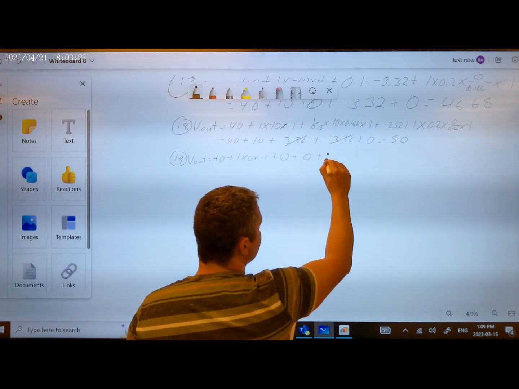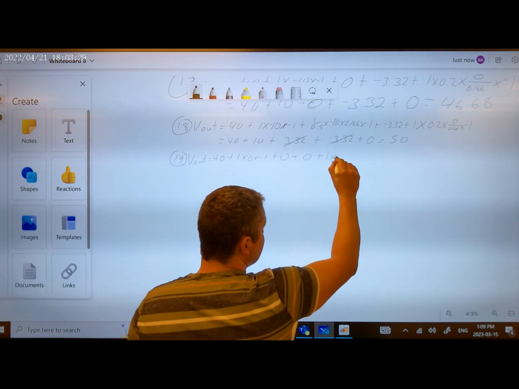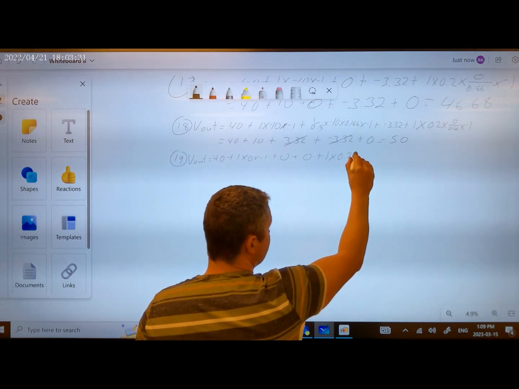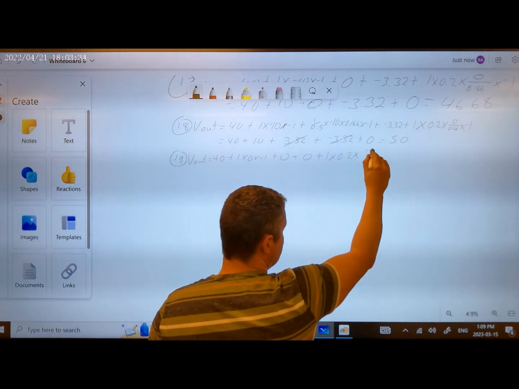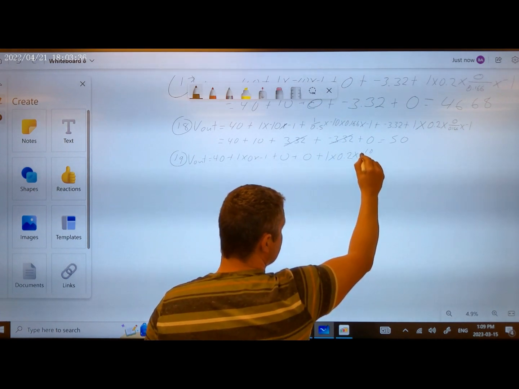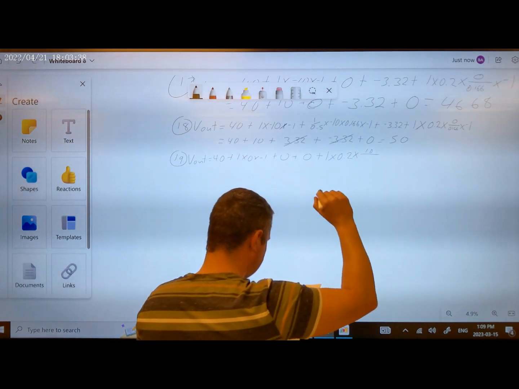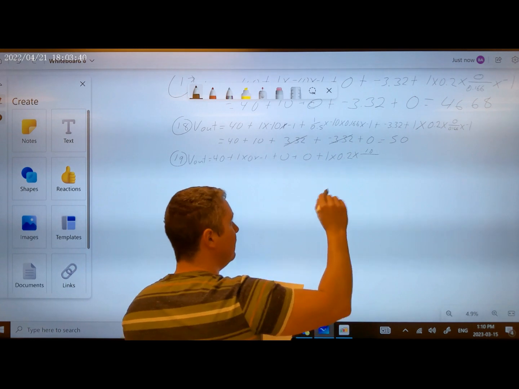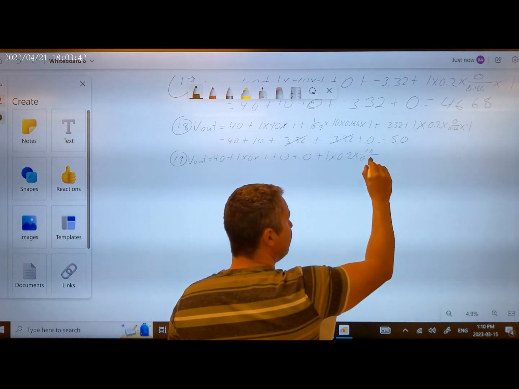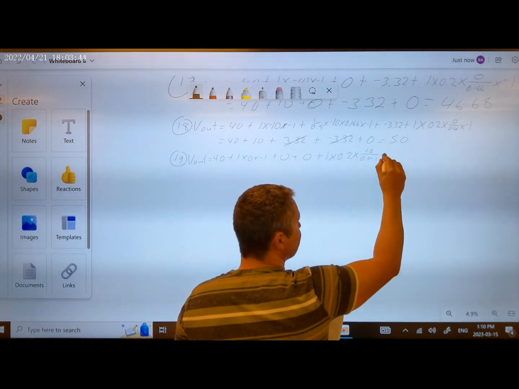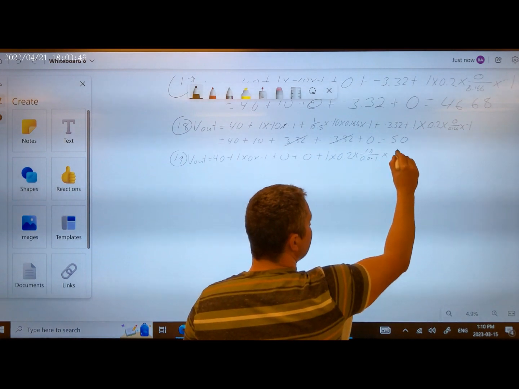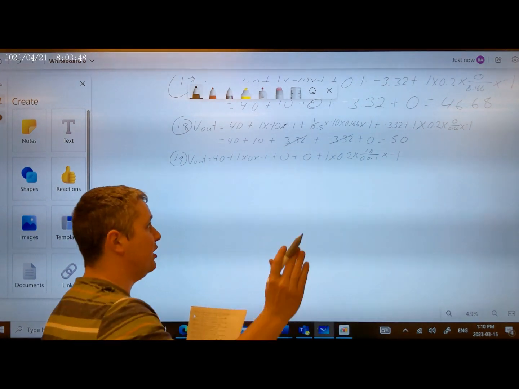Plus our derivative of 1 times 0.2 times 10. So it went up 10, right, positive 10, over 0.001 seconds times -1, because this was an instantaneous jump again.